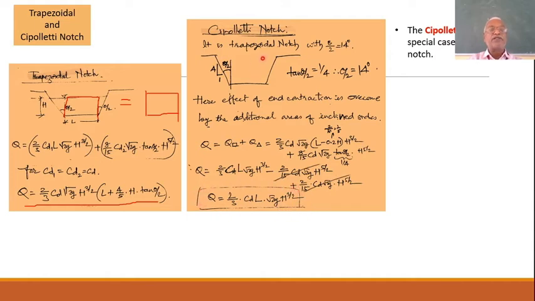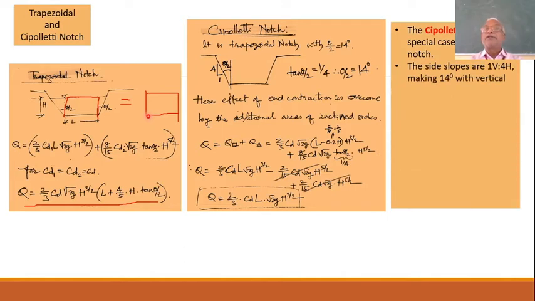Suppressed in the sense these end contractions are suppressed. How is it suppressed? If you make the width or length of the crest equal to width of the channel itself, then there is no fear of end contraction.